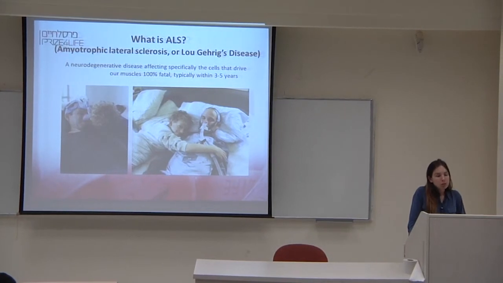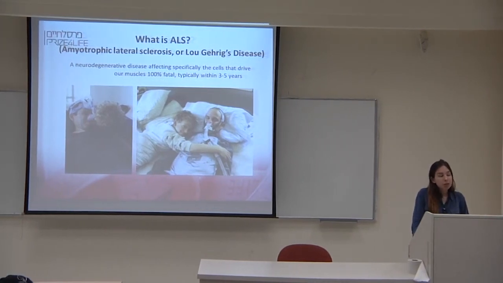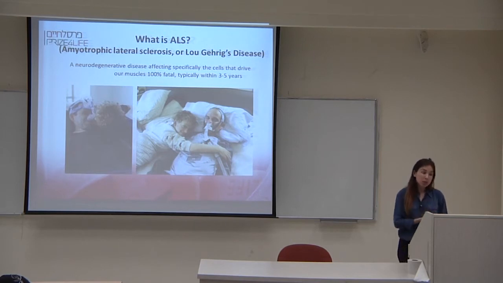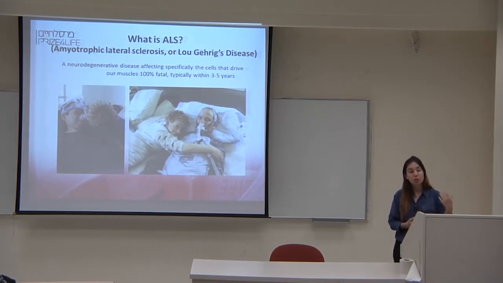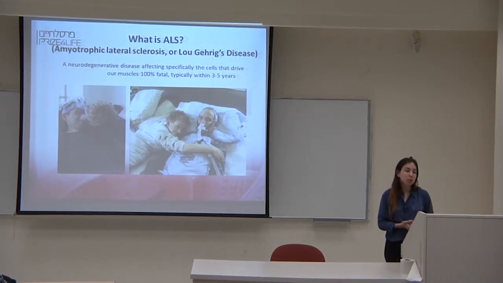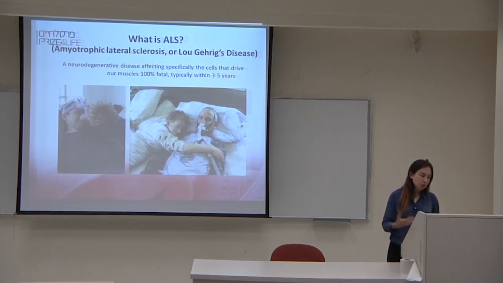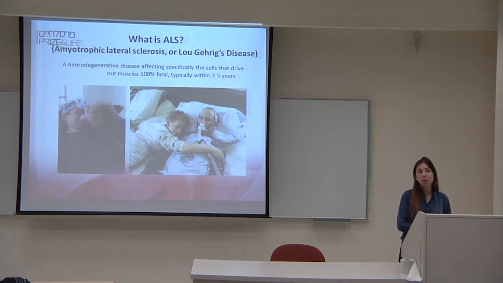It's a neurodegenerative disease that specifically affects the motor neurons activating the muscles. As the motor neurons activating the muscles die, we see a progressive weakness leading to progressive paralysis, progressing all over the body, and leading to death. The disease is 100% fatal and rapidly progressing. Death usually occurs within 3 to 5 years.